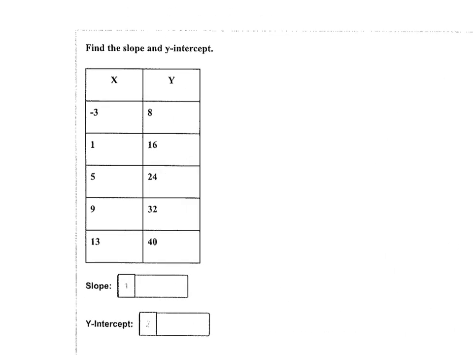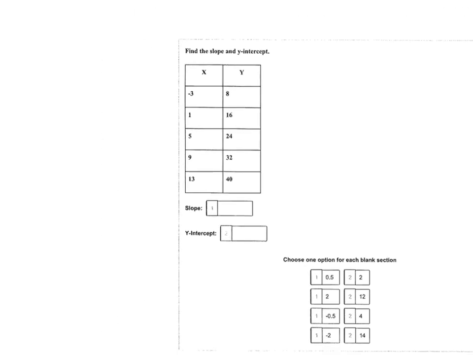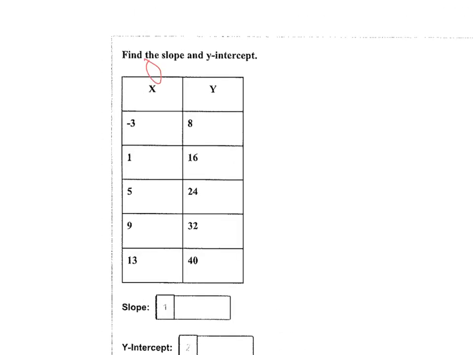Number 15, slope and the y-intercept on a table. If we don't have 0 over here that we can automatically see, we're going to have to find the slope first. To find the slope, I am going to pick 2 points, and I'm going to pick these two since they're the smallest and they're positive.